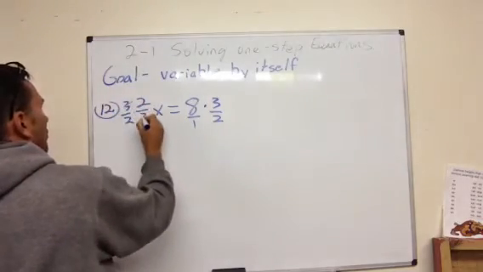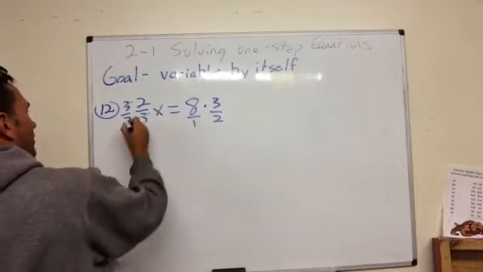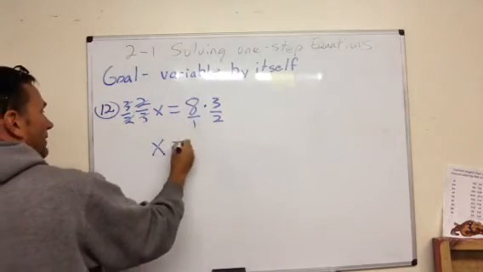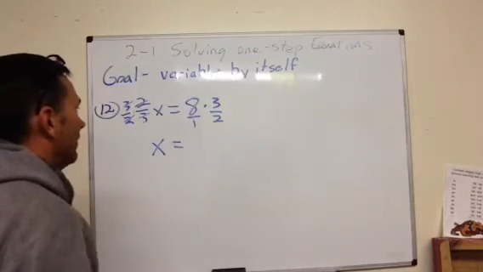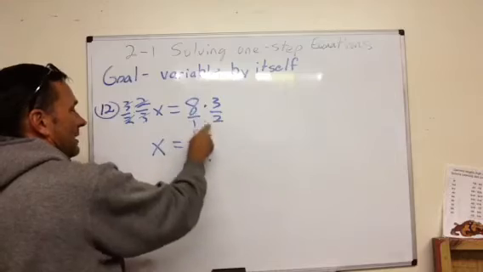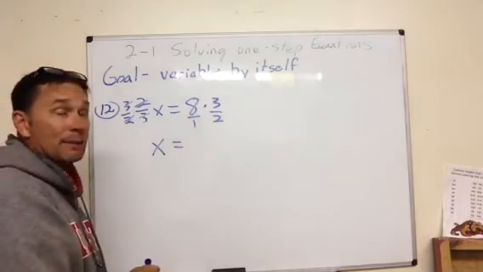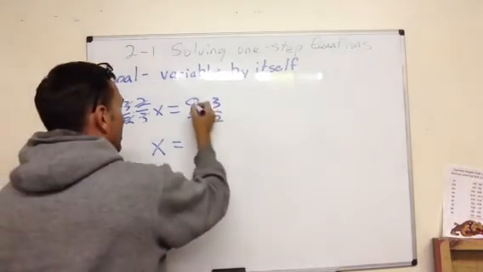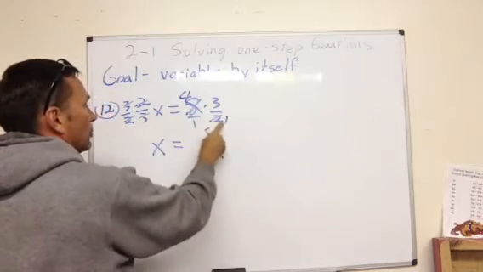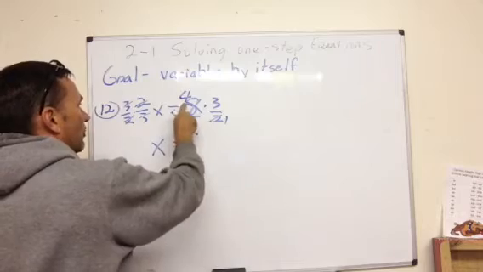Again, the 3 on top and the 3 on the bottom cancel. The 2's cancel. And we're left with our goal of the variable all by itself. Now, can I take this 2 and divide it or reduce it with the 8? Does 2 go into 8 an even amount of times? Yes. It goes in 4 times. And we're left with 2 goes into 2, 1 time there.